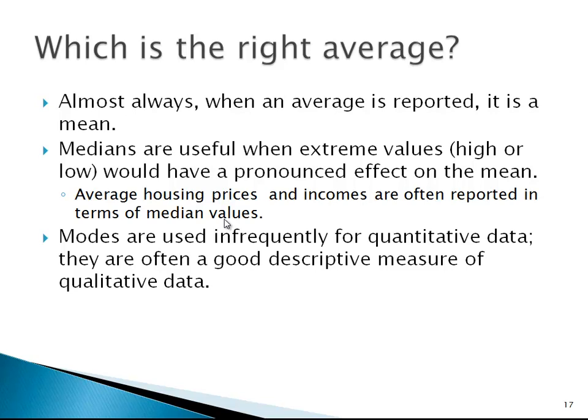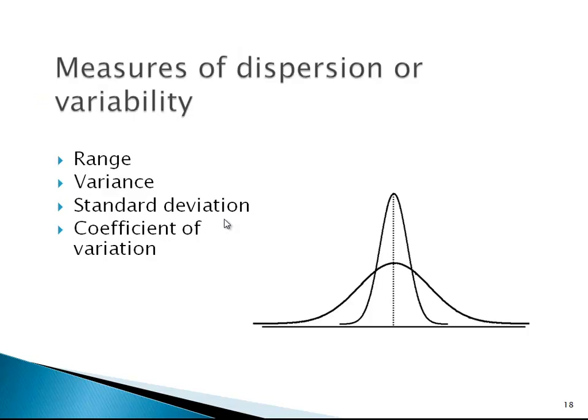The modes are used frequently for qualitative data, being often a good descriptive measure of it, but not for quantitative data. So the modes are used infrequently, and not that much in quantitative data.